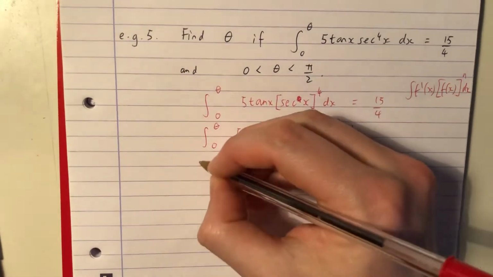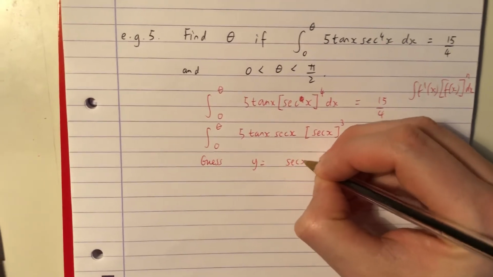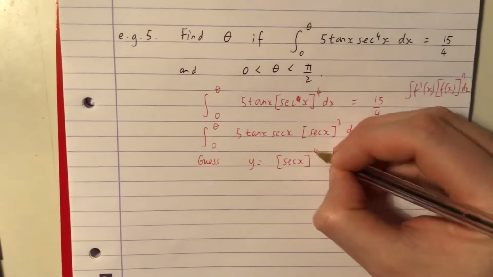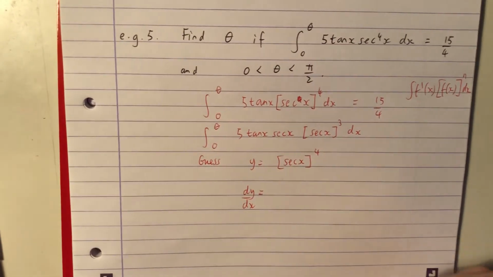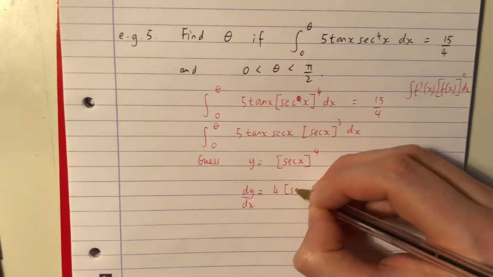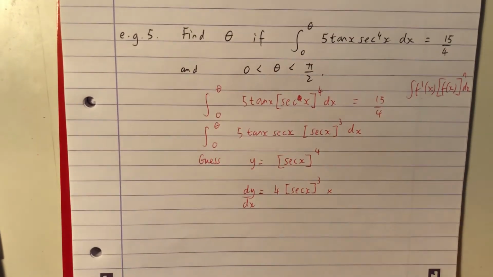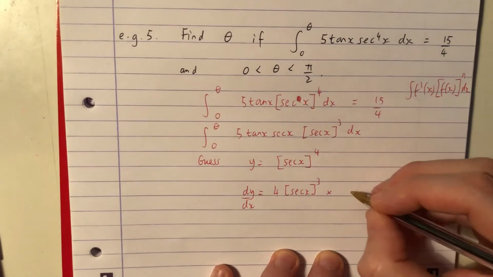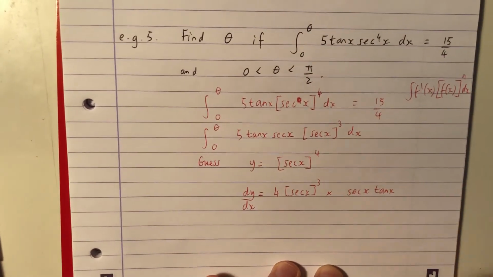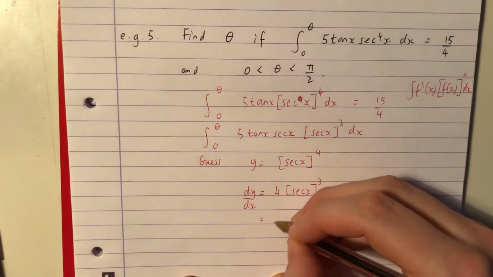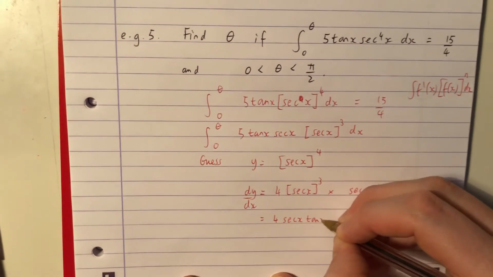So based on that, now I'm going to guess the bracket, add 1 to the power of 4, differentiate. 4 sec x to the power of 3, bring the power down, knock 1 off the power, times by that bracket differentiated, which is sec x tan x.